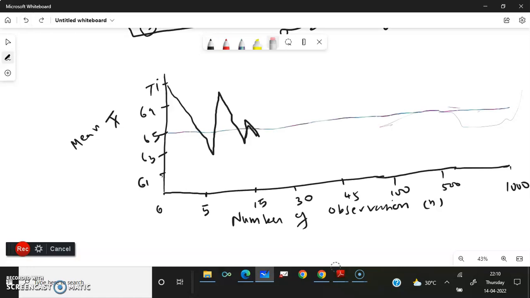Imagine it goes up and goes down, then goes up somewhere, goes down.